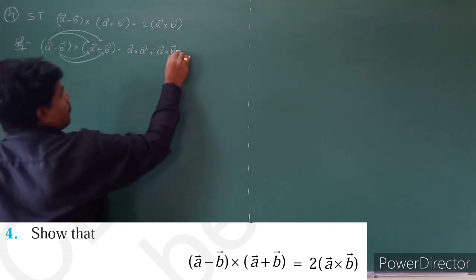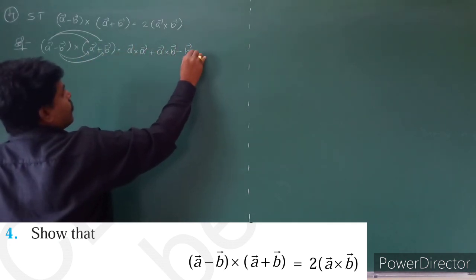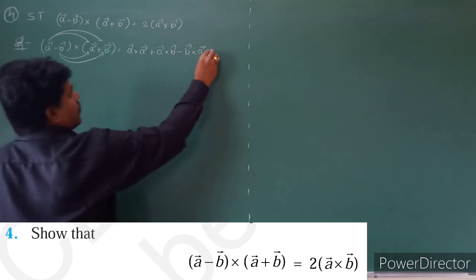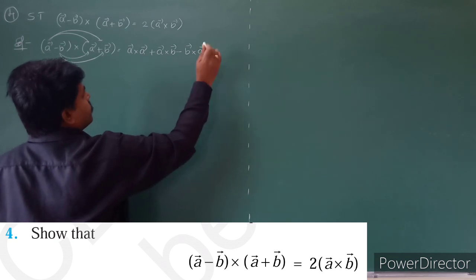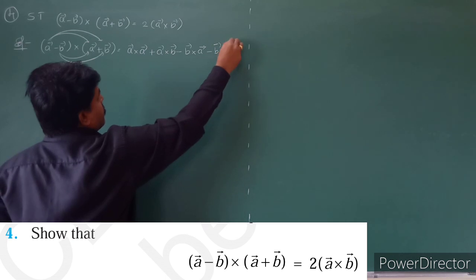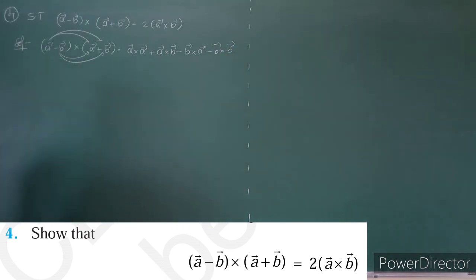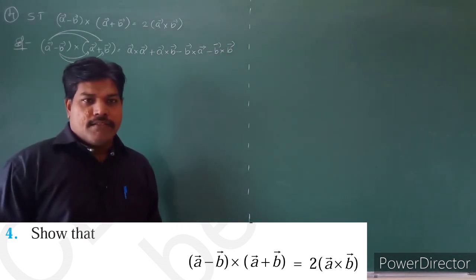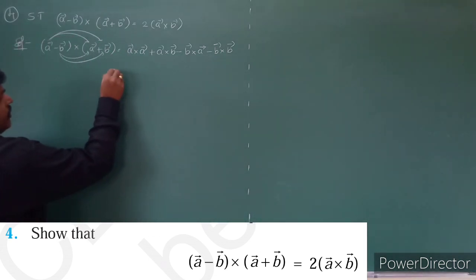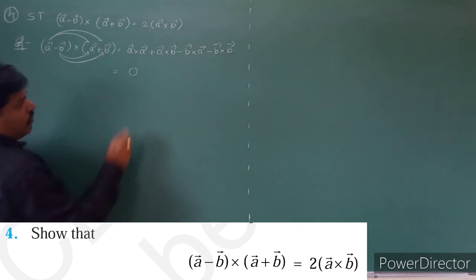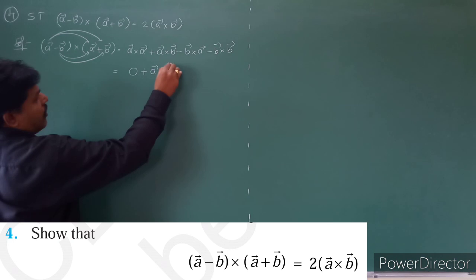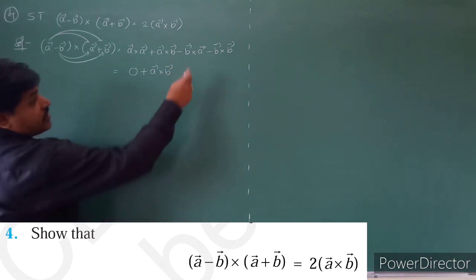Minus b bar cross a bar, minus b bar cross b bar. If any two vectors are parallel, then the cross product will become 0. So automatically this will become 0 plus a bar cross b bar minus b bar cross a bar.